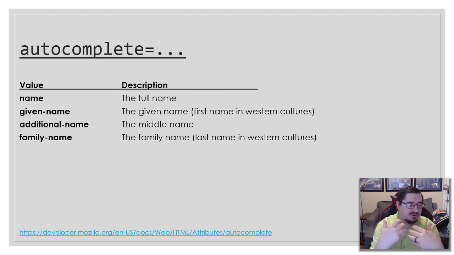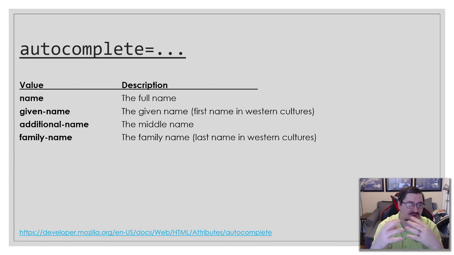The reason that they picked given name is because that's more globally standard as far as what that means. Different cultures, especially Eastern cultures, whether it be India or China, order their names differently. So for them, the first name is usually the family name and the last name is usually your given name.